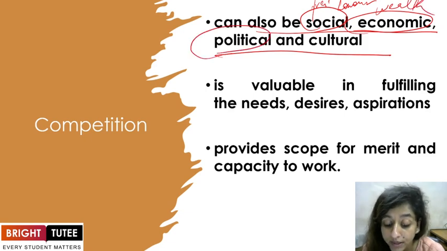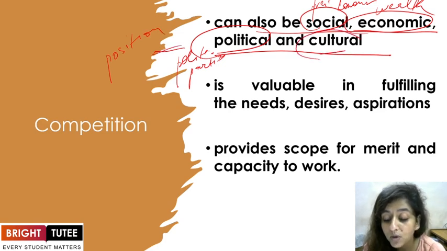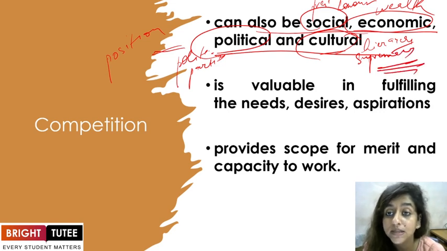It can be political when you talk about political parties, or some political position. It can be cultural when you talk about the hierarchy of the cultural aspects, or the supremacy of the cultural aspects. All of these things are possible in competition.